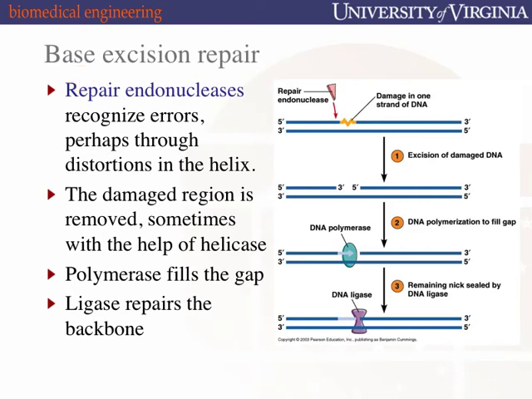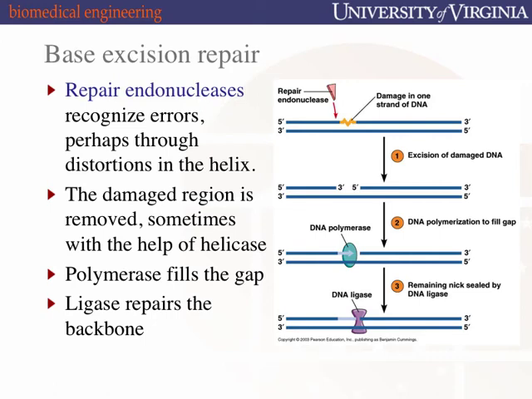Endo, again, cutting in the middle of a strand. And these repair endonucleases are going to recognize errors. Again, we got a question on Piazza about how endonucleases or any of these enzymes recognize errors. Again, the best thought is through physical distortions in the helix, either non-tight bonding, so you might get a little bit of a base that wants to bubble out.